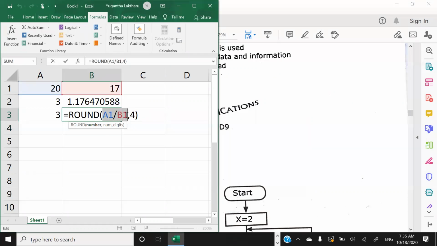So the first argument asks what is the number, and the second argument after a comma is asking for how many digits or how many floating points you need to round this to. And if you don't need any floating points, you can just say 0. So it will round to a value which has no decimal points.